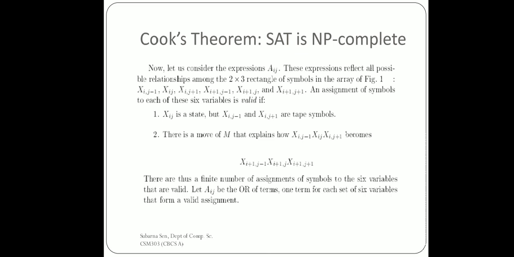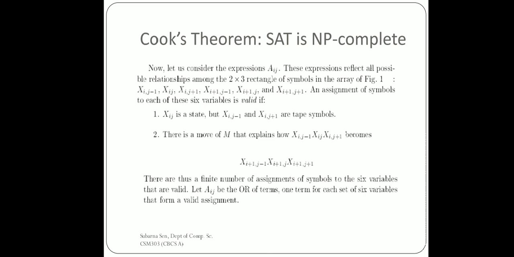This can be one choice, and there is a move that explains how Xi,j-1, Xij, Xi,j+1 becomes its next. So this will be valid if Xij is a state and its two neighboring symbols are tape symbols, and we are moving from this set to the next set. So this will be valid if these two are defined properly.